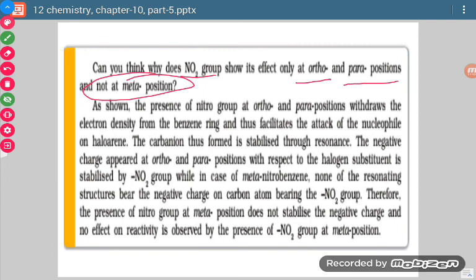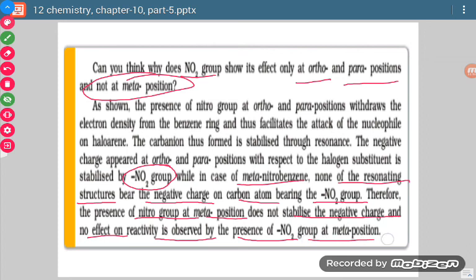Why? Because in case of meta nitrochlorobenzene, none of the resonating structures bear the negative charge on the carbon atom bearing the NO2 group. Therefore the presence of a nitro group at the meta position does not stabilize the negative charge, and no effect on reactivity is observed.